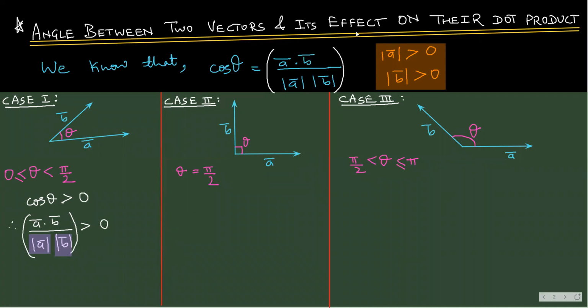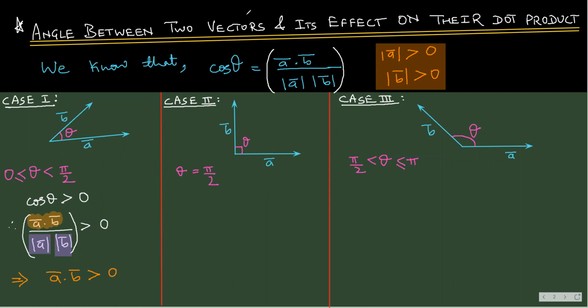So what I understand is, since the denominator is always positive, in order for the whole thing to become positive, the numerator has to be positive. So this implies a bar dot b bar is greater than 0. This is our first conclusion.